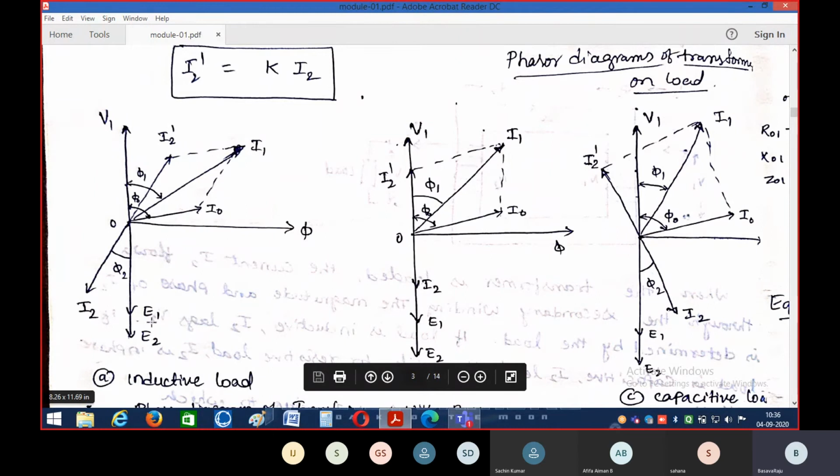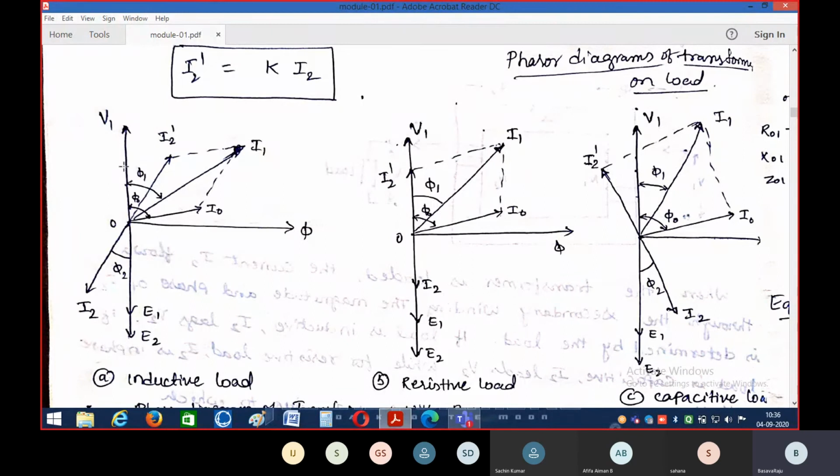Remember one thing: the induced EMFs in the primary and secondary windings are always 180 degrees out of phase with V1. The induced voltage in the primary and secondary always opposes the supply voltage to satisfy Lenz law. According to Lenz law, the response always opposes the cause of its production. For E1 and E2, the cause of production is V1 only. So E1 and E2 always try to oppose the supply voltage, which is the cause of production.